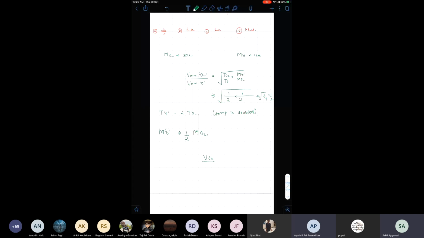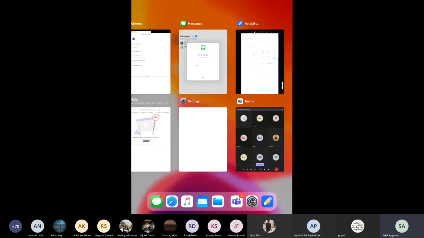V of O2 divided by V of O is equal to 1 by 2. So V of O will be equal to 2 times the V of O2. And V of O2 is U, so it is 2U.